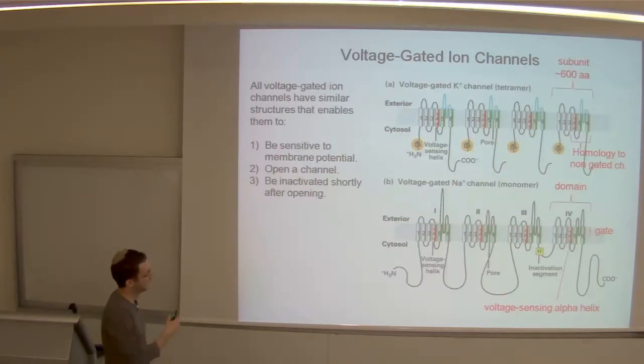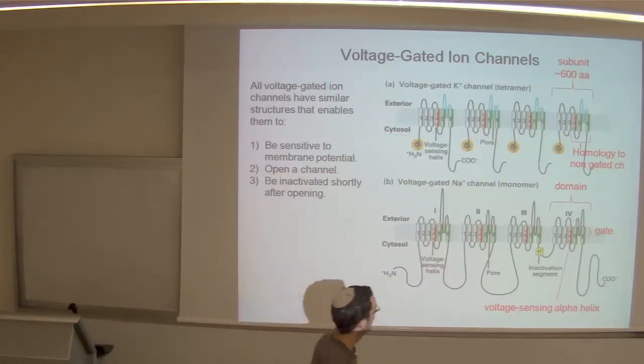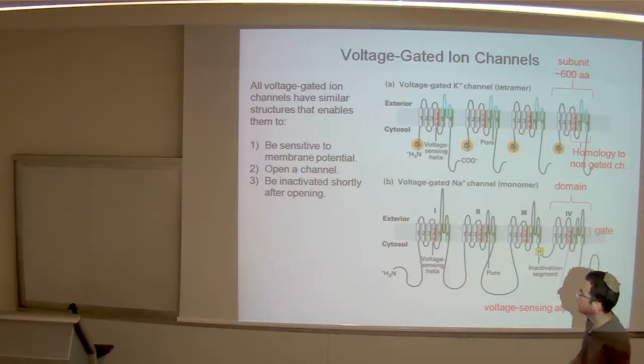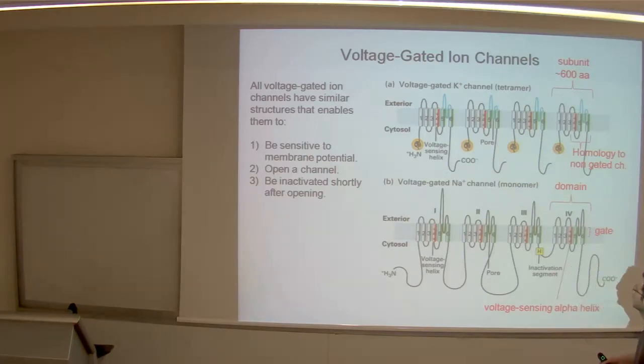And this is where we stopped, and I'd like to discuss some of the principal structure that these two proteins have: the sodium voltage-gated channel, which is the lower one, and the potassium voltage-gated channel.